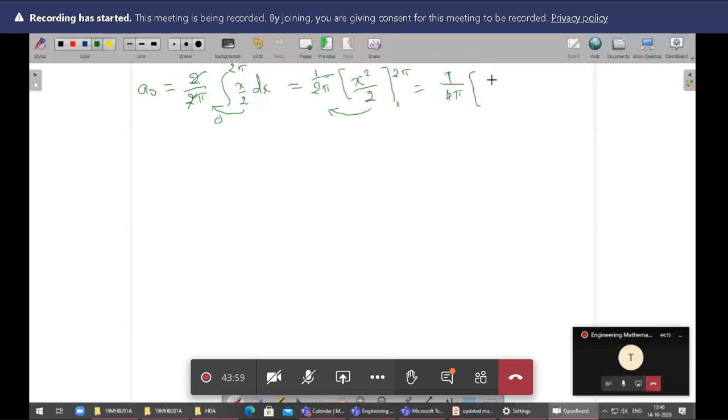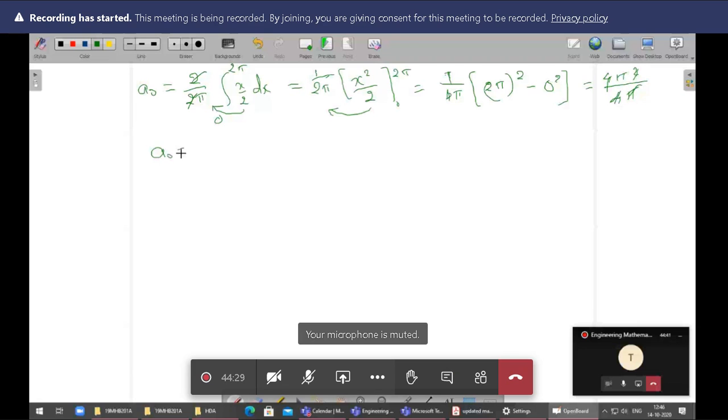When you apply the limits, upper limit squared minus lower limit 0 squared, that simplifies to 4 pi square divided by 4 pi: 2 square is 4, pi square divided by pi leaves pi, the 4s cancel, and 4 divided by 4 is 1. So we get a naught value is pi.